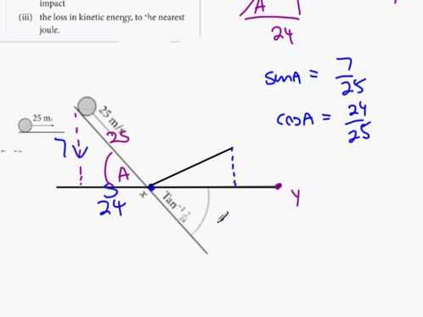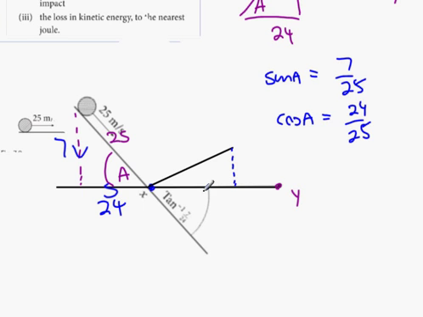It's like when you hit a snooker ball against the table. The speed going parallel to the cushion is unaffected. It's the speed that it goes into the cushion that gets affected on the way out. So, long story short, this is your barrier here, and the 24 is in line with that barrier, so the 24 will remain the same.